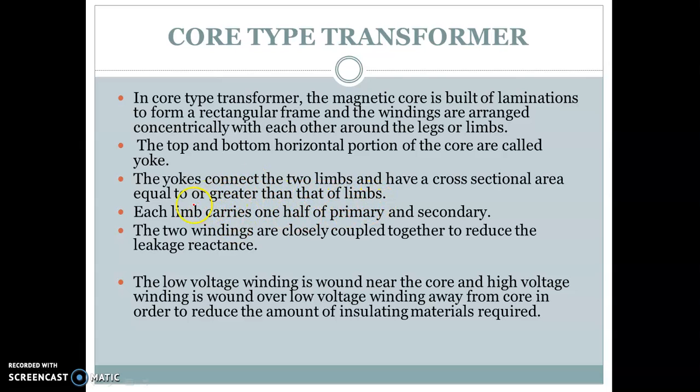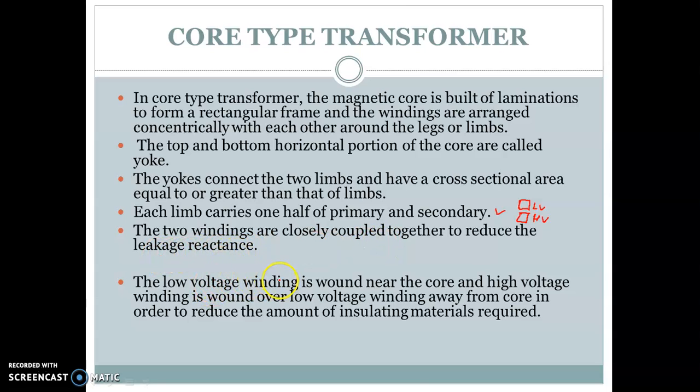These are some definitions. Each limb carries one half of the primary and secondary. This is important: each limb has half of the primary and half of the secondary winding, that is, half low-voltage and half high-voltage winding. The two windings are closely coupled together to reduce the leakage reactances.